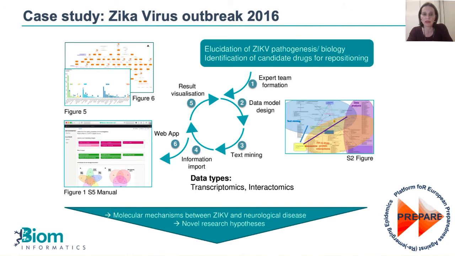Then we applied text mining on PubMed abstracts and full-text articles of Zika virus, imported in a fourth step additional information, experimental data on transcriptomics and proteomics data, and then visualized the data using queries on the data. And finally, we implemented a web-based user interface to enable experts to review, evaluate, and further refine the integrated information.